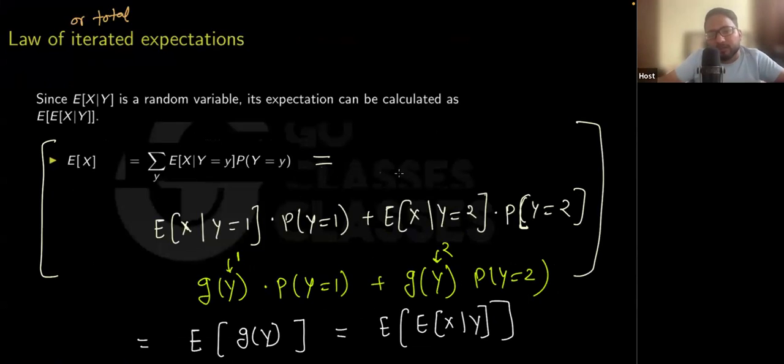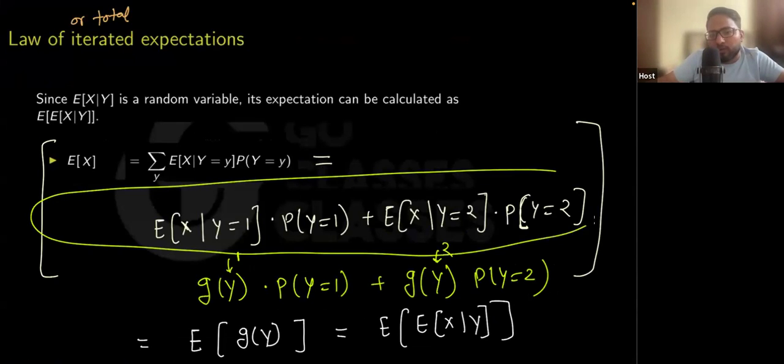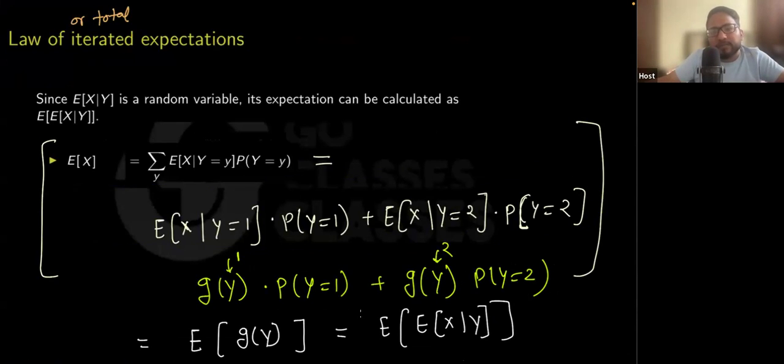See, this is what we already know using the total expectation, right? Now I'm just saying this particular thing, if you treat this as a random variable, obviously you can treat it. Maybe in the previous class itself we have discussed it, right? If you treat this particular expectation just like a random variable g of y, then this is the expectation of this quantity, isn't it? See, what is the expectation?